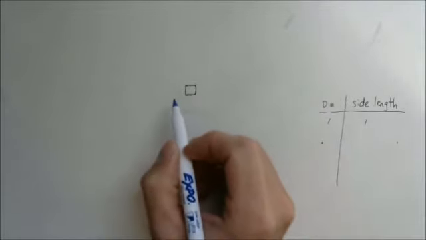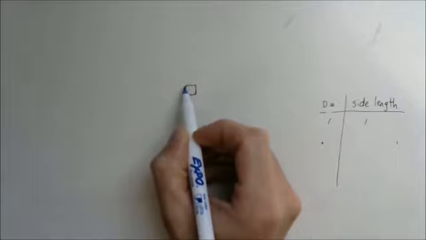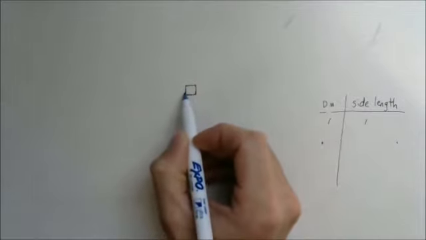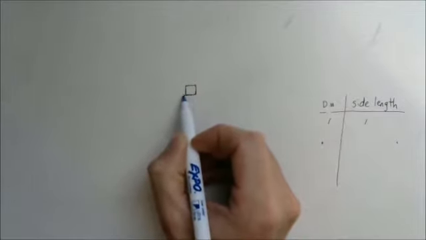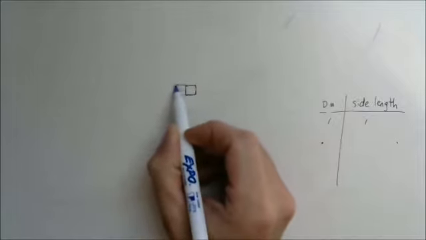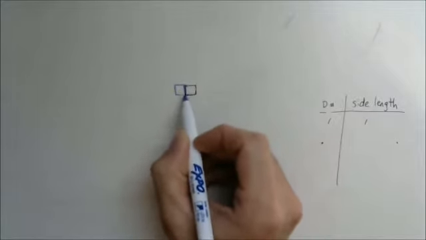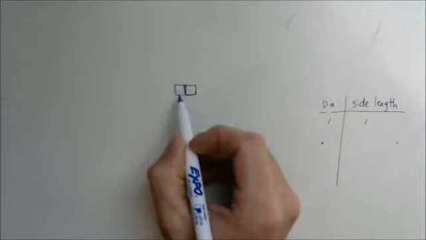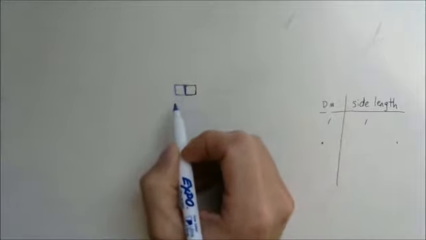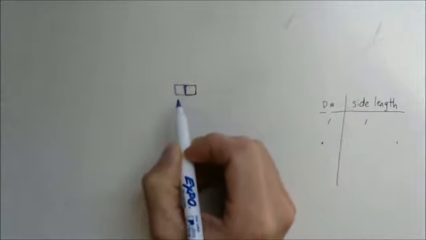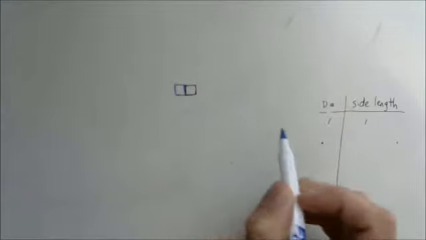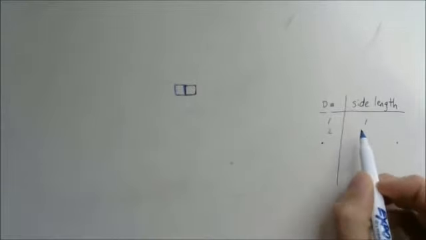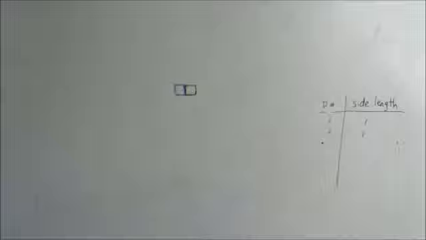What we're going to do is start off to the left side, take the side length of diagram 1, and add a square of that side length, okay? Now, that becomes diagram 2. So what side length does diagram 2 have? Well, diagram 2 has a side length of 1, okay?